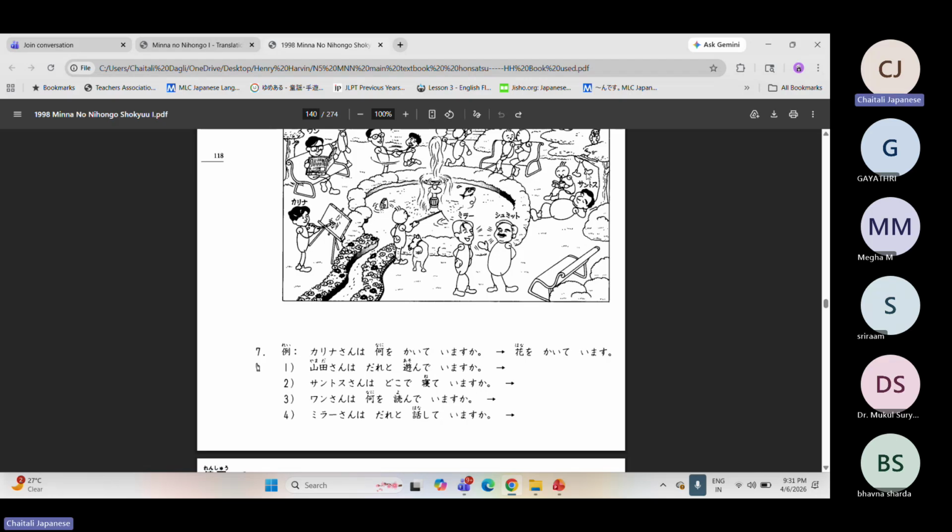Try the third one. Wan-san wa nani o yonde imasu ka? What is Wan-san reading? He's reading a newspaper. So, shinbun o yonde imasu. And the last one.